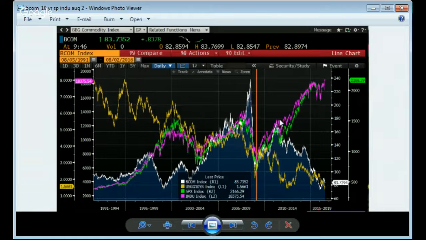As the prices fall, capacity goes offline because people can't make any money mining iron ore in the middle of Australia anymore. Capacity goes offline, prices go back up. That's not what we're seeing so far. Something else is at play here.